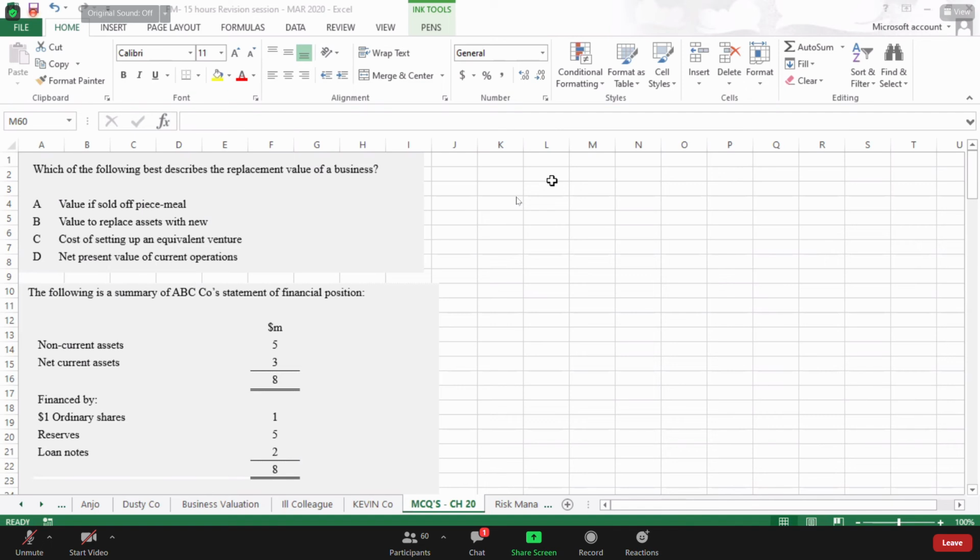C is the correct answer. All those who have said C, that is the right answer. Others, just the value to replace assets with new is not the meaning of replacement value. Replacement value talks about starting the business from scratch when acquired. Please read about it. Remember that line they use in replacement value, that it is started from scratch. So C is the right answer, not B.